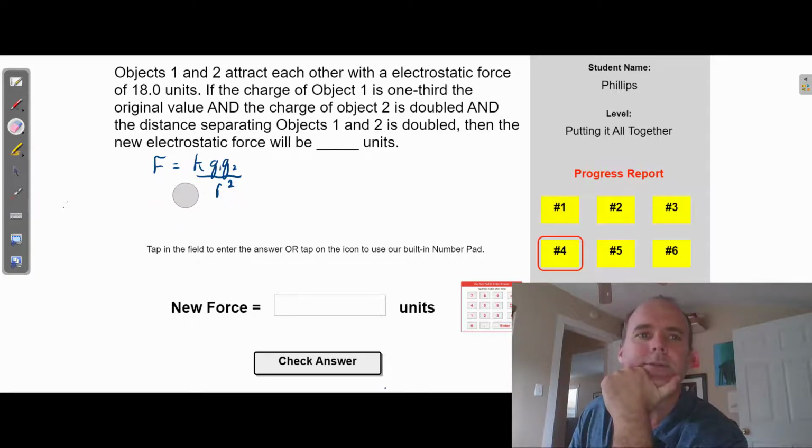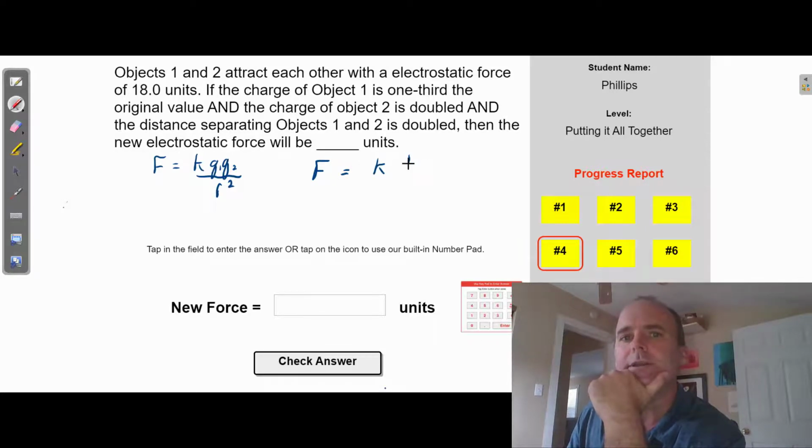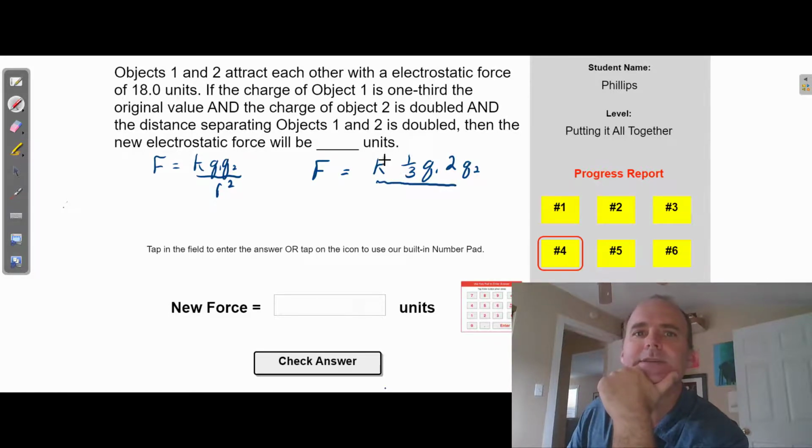I'm running out of room here. Okay, so equals K. Q1 is 1/3 Q1. Object 2 is doubled, and the distance separating object 1 and 2 is doubled.